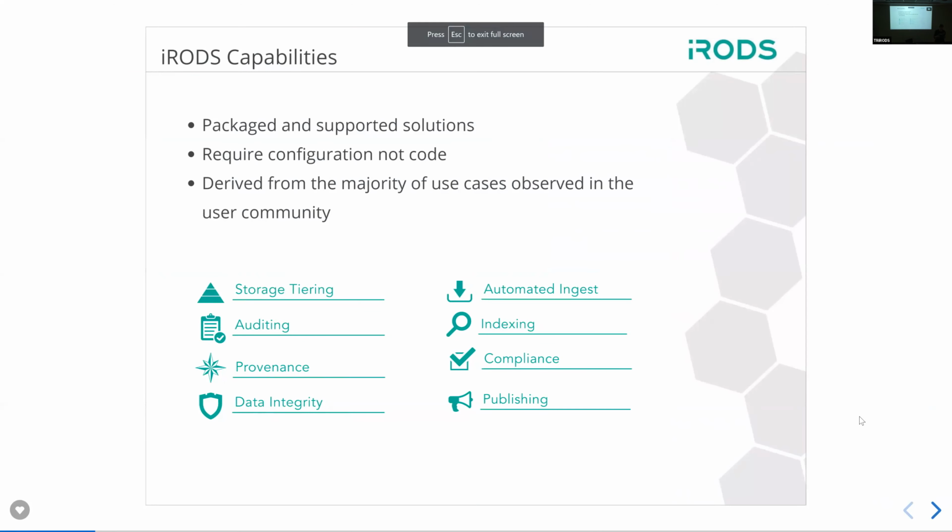So first, I wanted to talk about what iRODS is, just briefly. iRODS is the integrated rule-oriented data system. It provides 4 core capabilities: data virtualization, data discovery, workflow automation, and secure collaboration. The data virtualization provides a global namespace for your existing infrastructure, such that the data that you're managing is abstracted from the users.